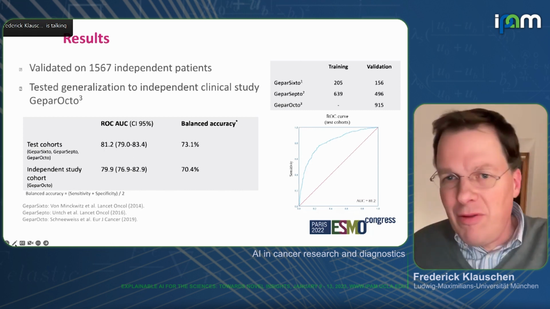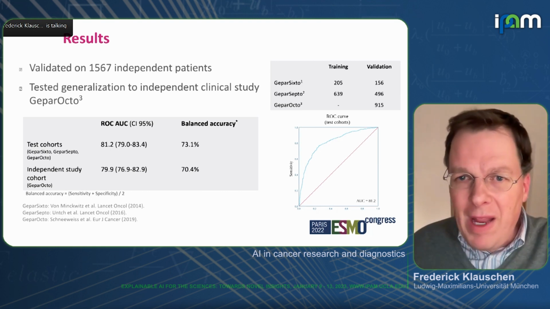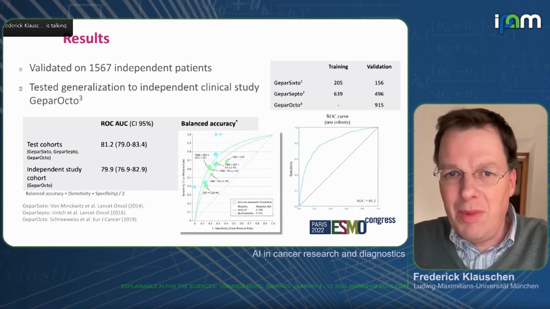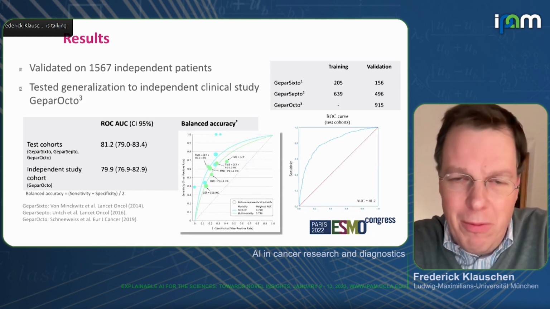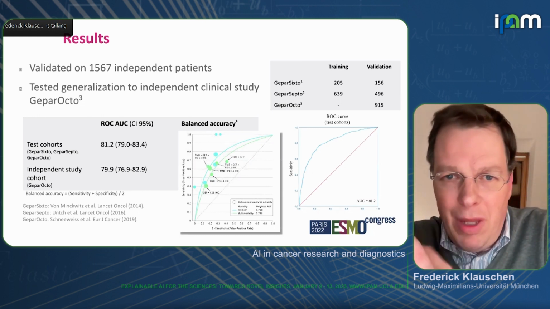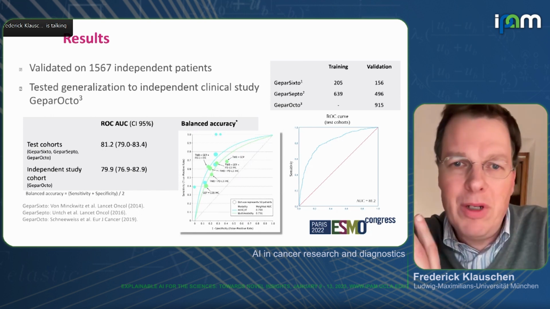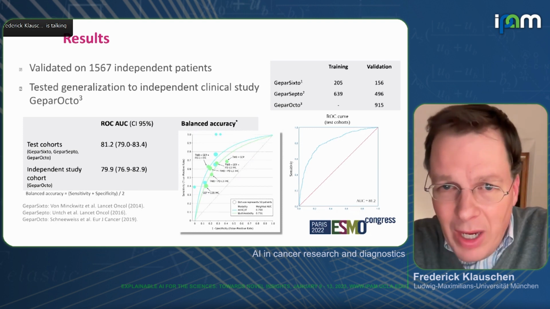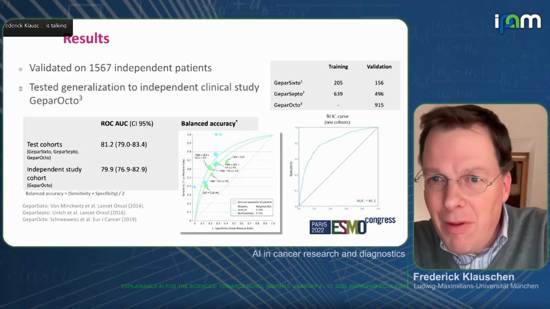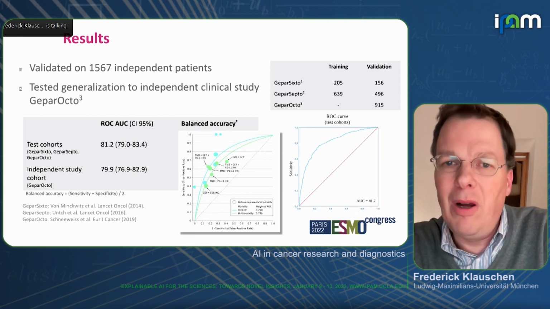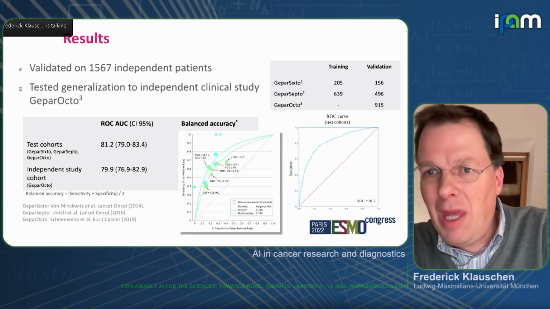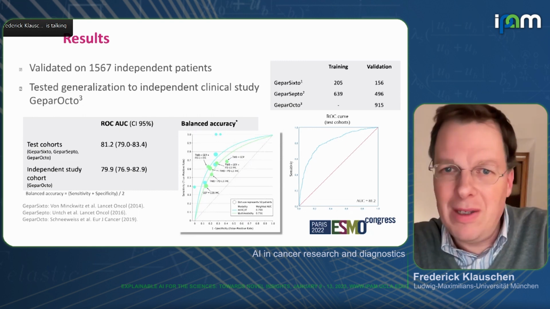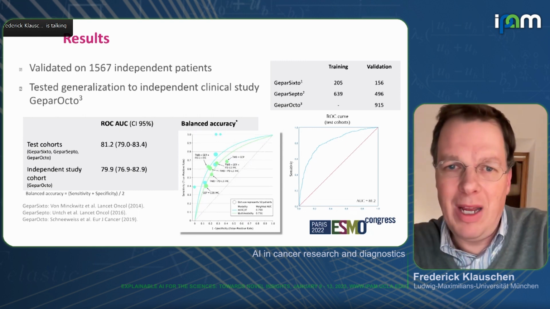But then you have to always be aware of the fact that all existing diagnostic approaches, and this is from another paper where they tested established biomarkers in routine diagnostics, and you can see just by eyeballing the two curves that the ROC curves look pretty similar, while the right curve, the AI curve, would be considered as insufficient, while the one on the left is fully accepted in routine diagnostics, right?